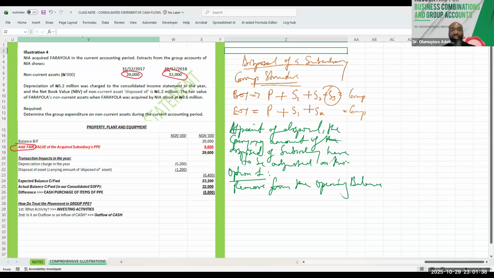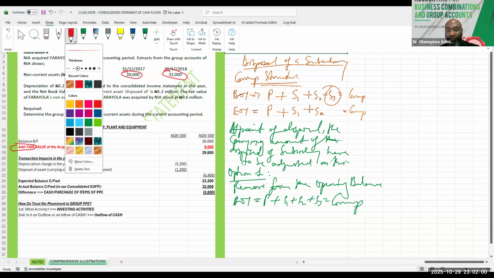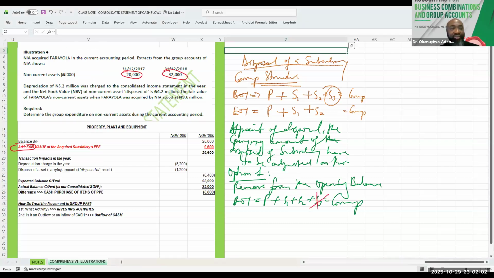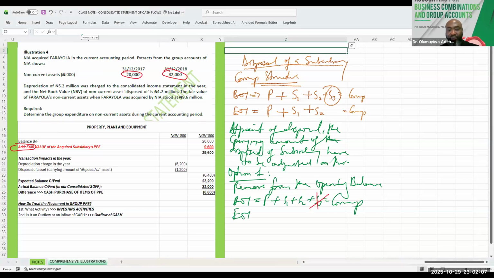It means at the beginning of the year, before you have P, S1, S2, S3 to give you the group, we are now saying delete it. So that what is left is comparable to the balance at the end, which is P, S1, and what? S2.